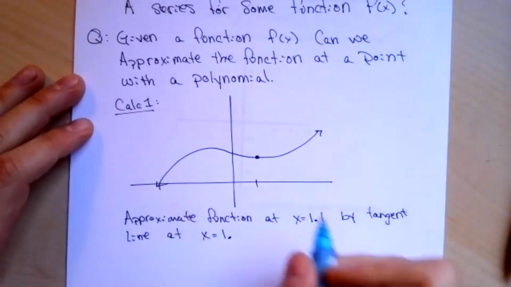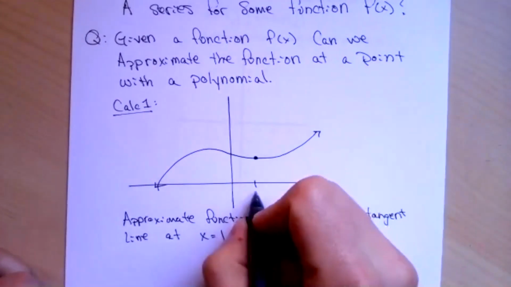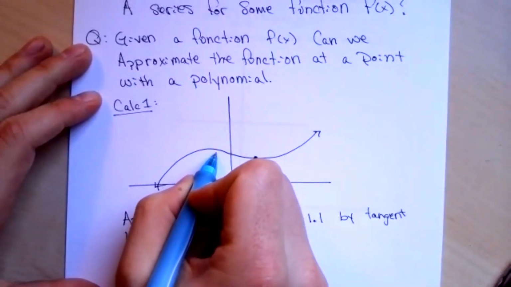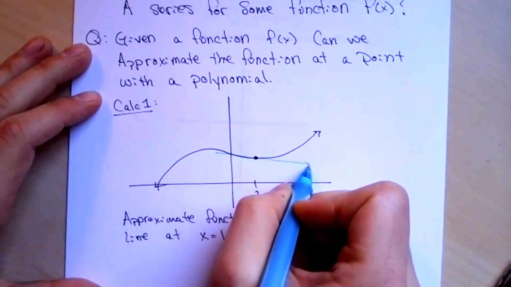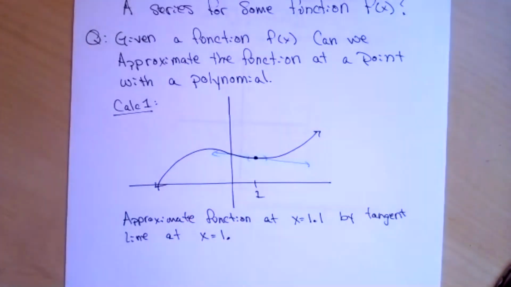So what we would do is, at x equals 1, we would find the equation of the tangent line. And we notice that on really short distances, that tangent line is really close to the function.